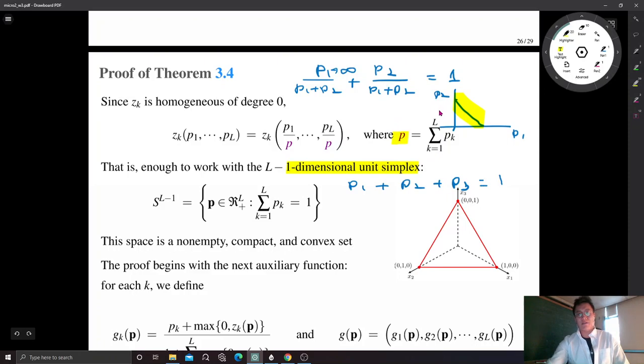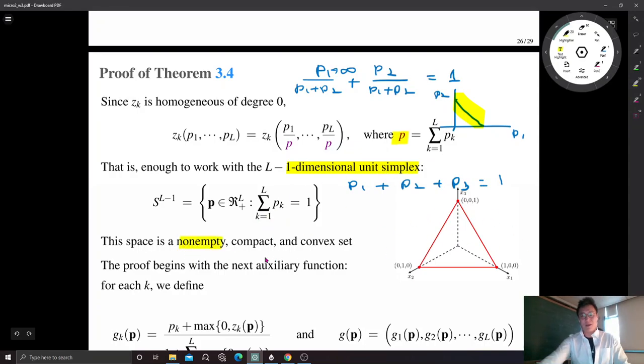In case of two goods, we have one interval, a one-dimensional space. In case of three goods, we have one plane, a two-dimensional space. In case of L goods, after this normalization, the space of price vectors becomes an L minus one dimensional unit simplex, which is compact.